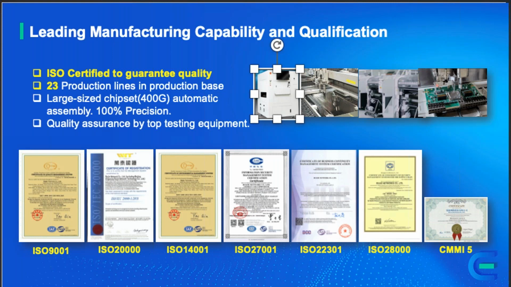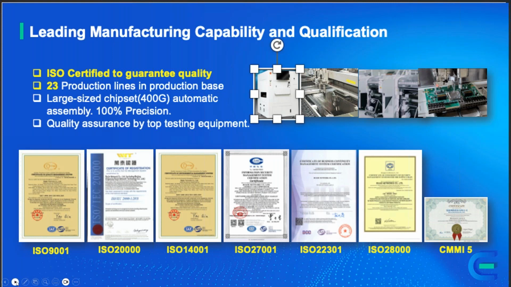So we ensure and guarantee quality. We have 23 production lines, and we have a large-size chipset automatic assembler. We manufacture our own chips, allowing us to ensure the high demands of our products.